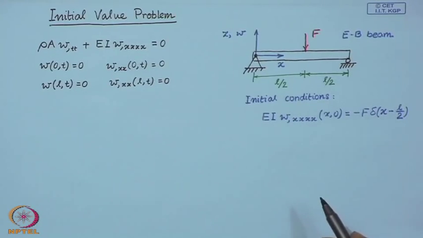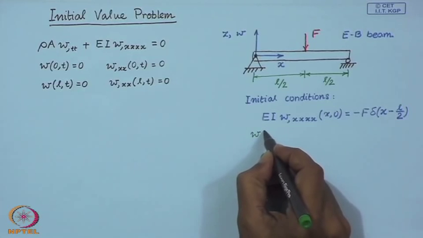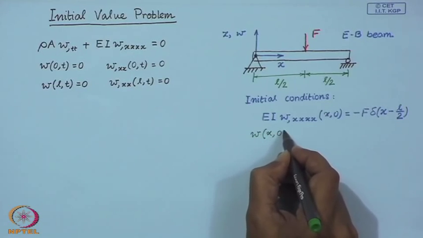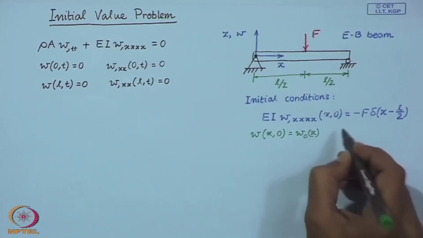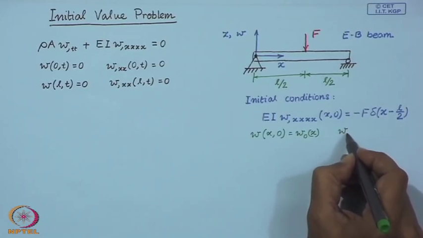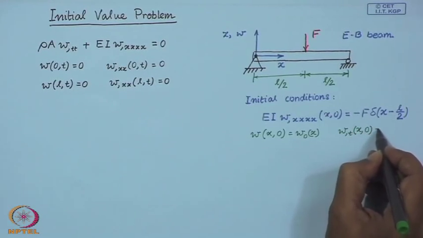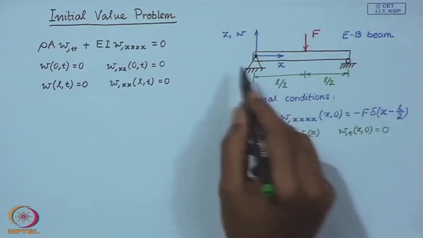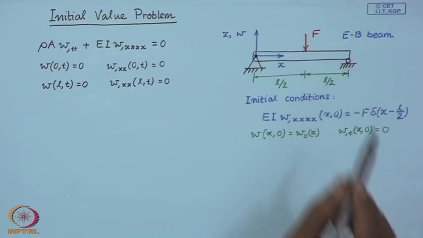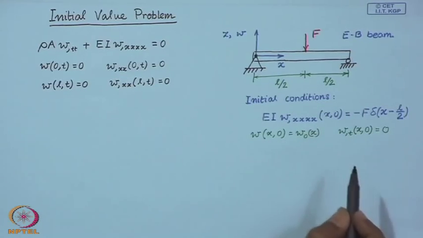If you solve this, then you will obtain the initial shape. We assume that initially at time t equal to 0 the velocity of the beam is 0 and this is the shape.